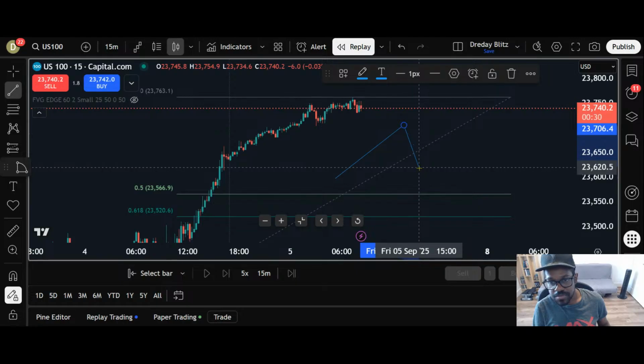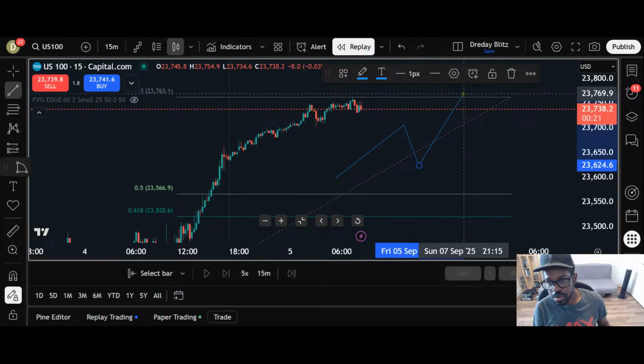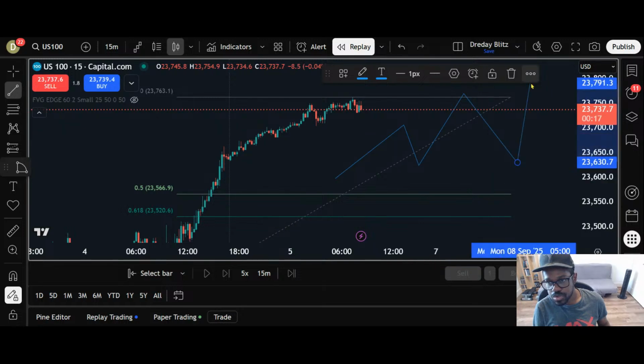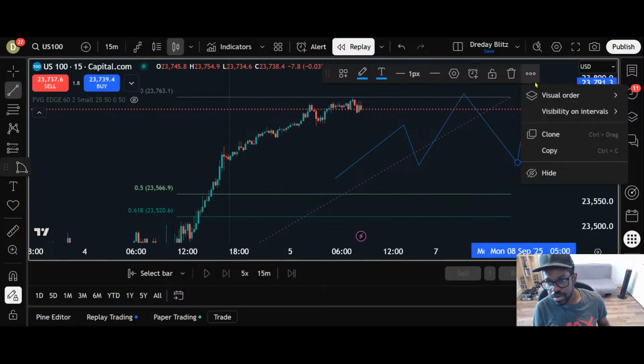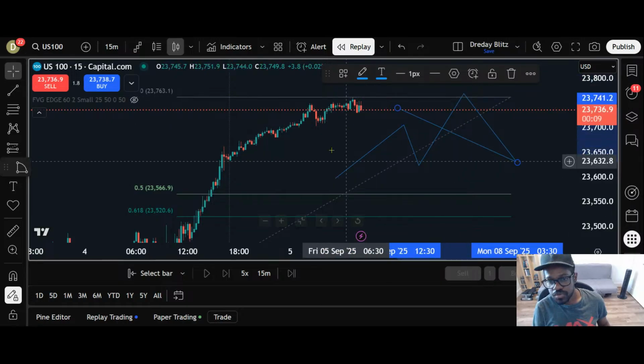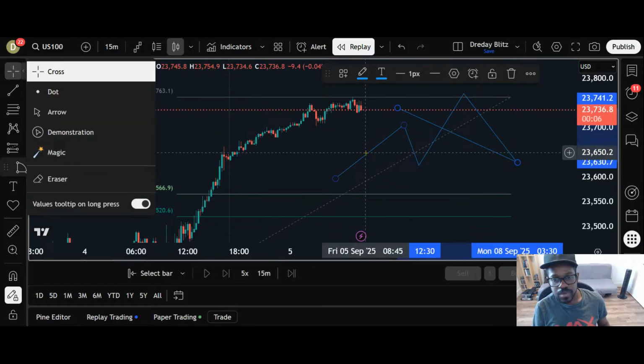It could be less than 50%, it could be more than 50%, but on average, it's usually 50% of that move to go higher. Okay. So price needs to go higher and higher. It needs to retrace at least 50% of the move.